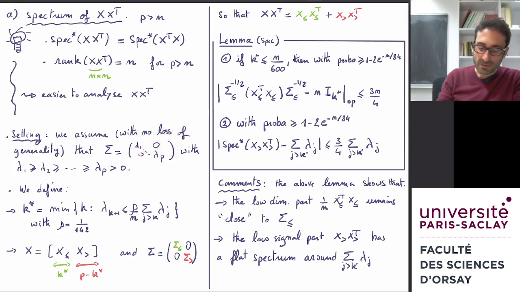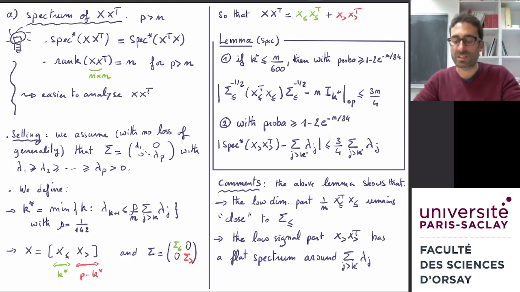We will split our X into two parts. The first part, denoted by X small, corresponds to the part where the lambda j are large, and the second part, X large, corresponds to the part where you have small eigenvalues. Likewise, I will denote Sigma by the part with large eigenvalues and the part with small eigenvalues.